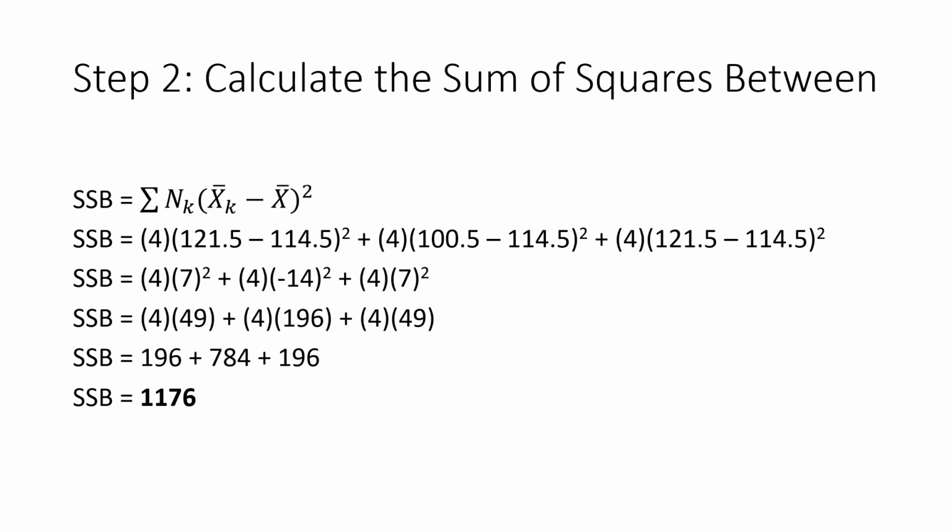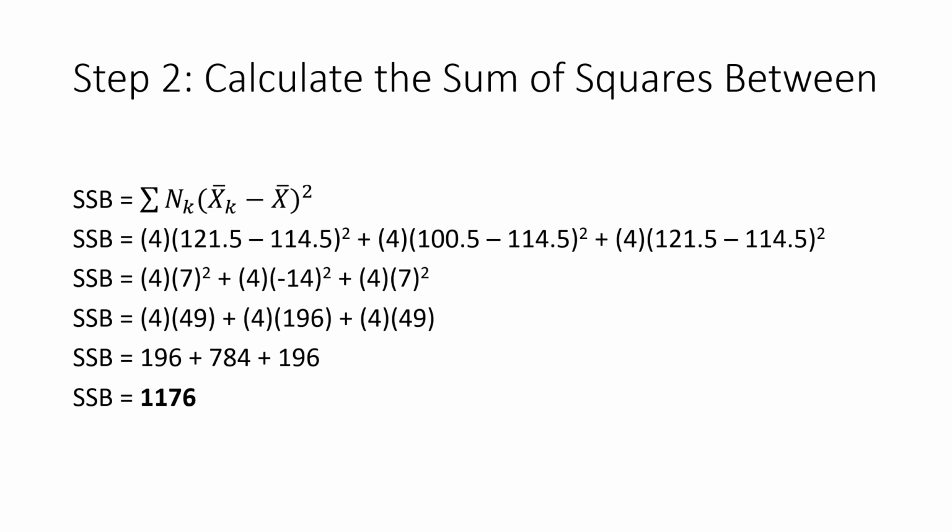Then we have plus 4 times the average of the second group, which is 100.5 minus 114.5 squared. The 100.5 is the average IQ for those who have a preference for rock music. And then you add that to 4 times 121.5, the average IQ for those who like techno music, minus 114.5, the overall IQ, squared.